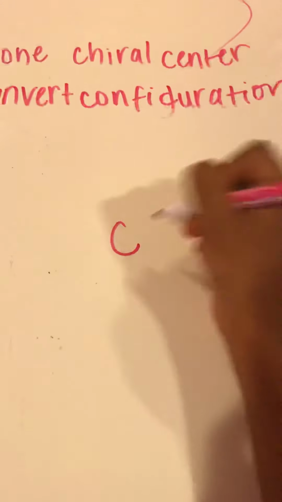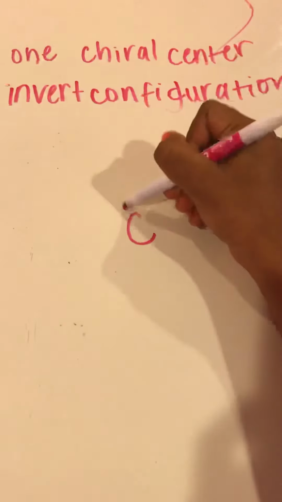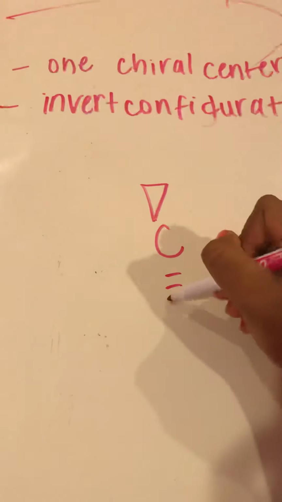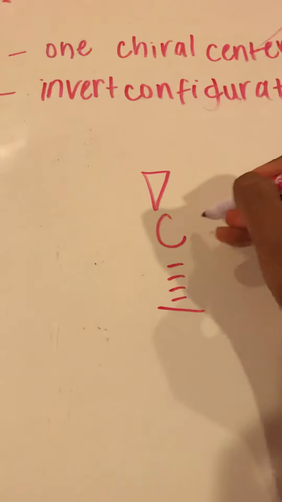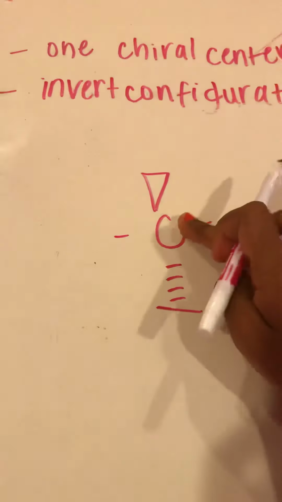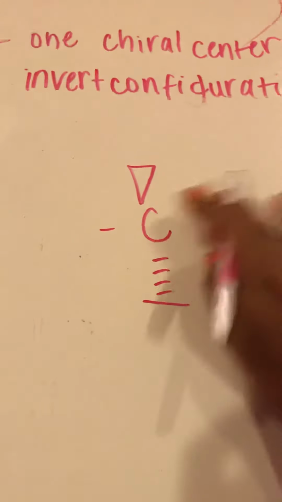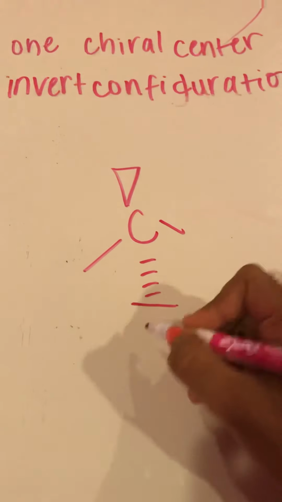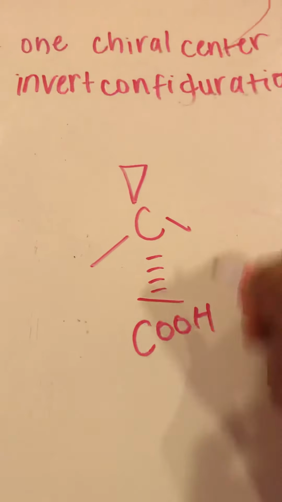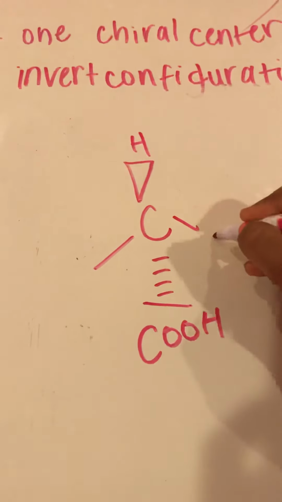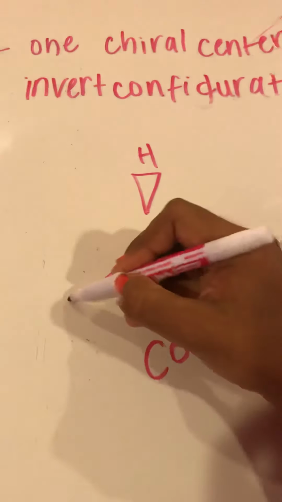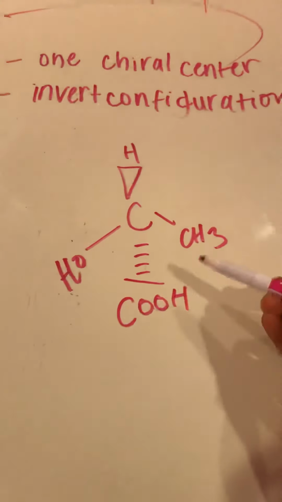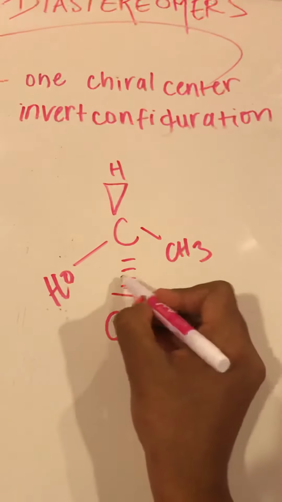Other ways you can see it is you'll already have something like this, and then I randomly just put groups on here. You're probably going to see a lot of different configurations similar to this.